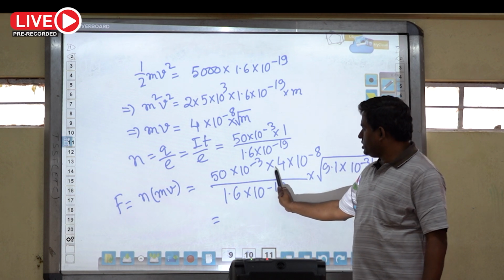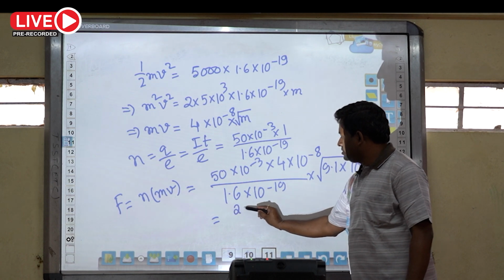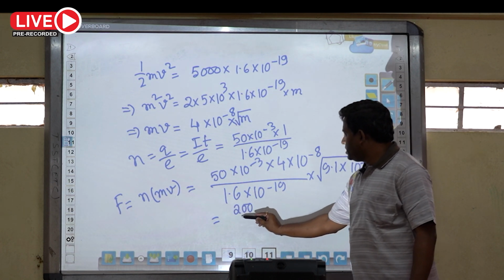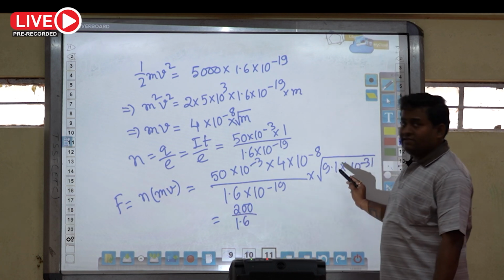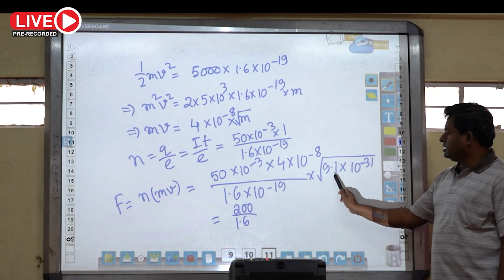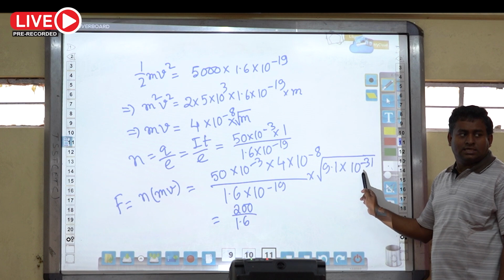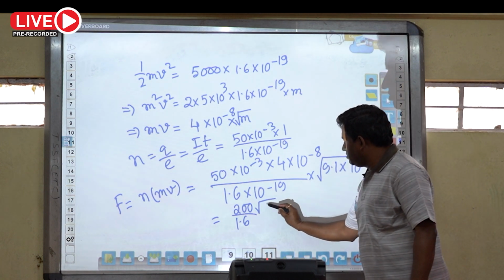This term 4 into 50, that will be 200, divided by 1.6. From this, if I write this one as 91, then it will be 10 to the power minus 32. So root 91 will come.